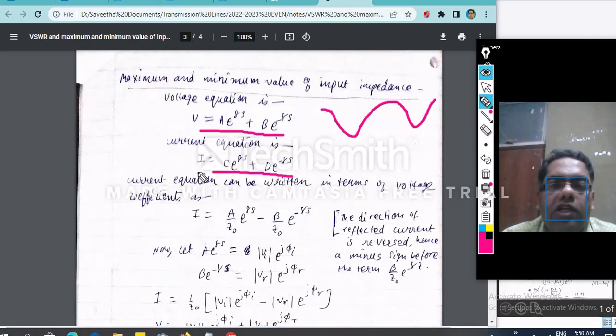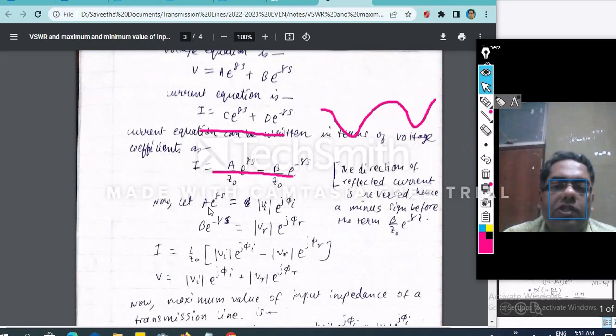For the current equation, the constants are C and D. We can write the current equation in terms of constants A and B also, like this: A by Z0. Since the second term denotes the reflected wave, the current direction changes, so we have to put a minus sign. So it will be B by Z0.